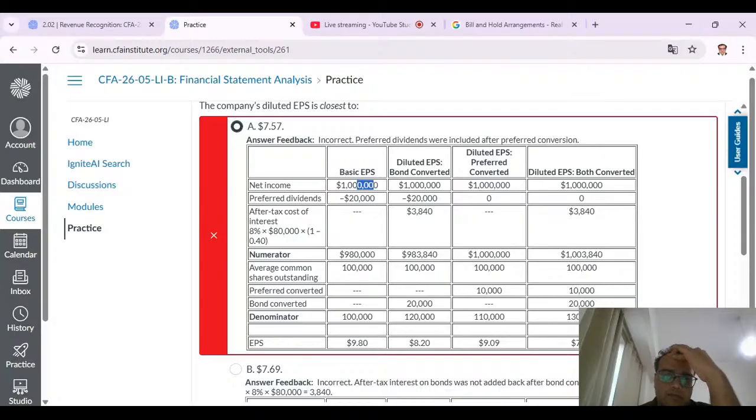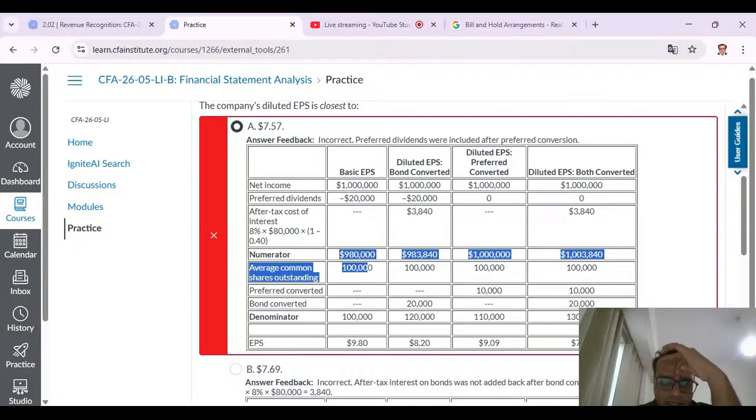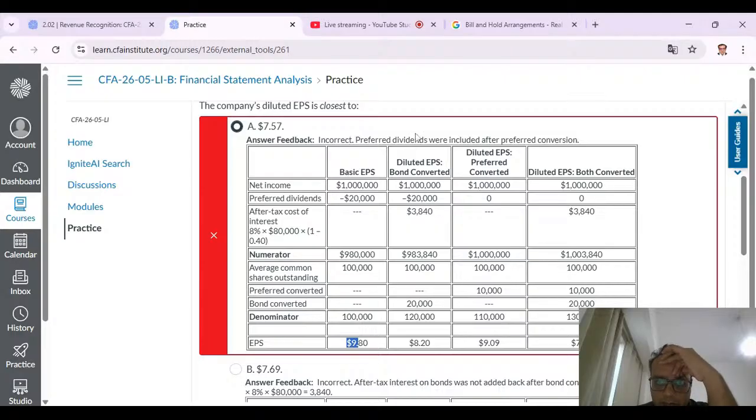So 980,000. Average common shareholding is 100,000. Preferred converted, bond converted, denominator is 100,000. 9.80 is the basic EPS. Diluted preferred dividends were included after preferred conversion.